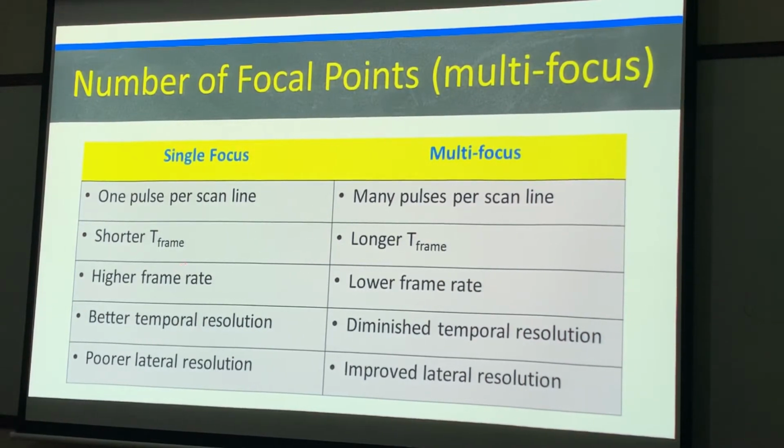Because it takes less time to create 1 image, we're going to be able to create more images per second. And we're also going to have better temporal resolution because we're creating more images per second.